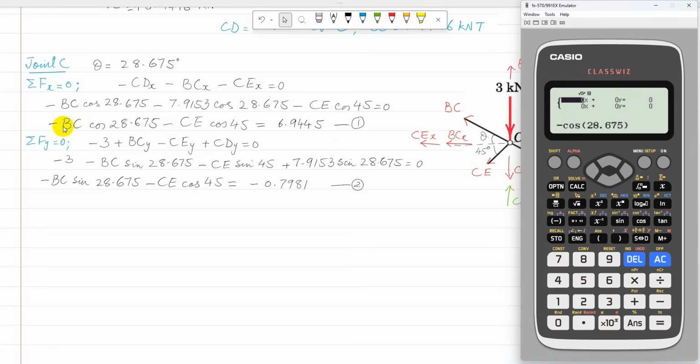The calculator is going to assume BC as X and CE as Y. So the coefficient of BC, which is X, is minus cosine 28.675. Just input minus cosine 28.675 and press equal. The other one is minus cosine 45. Press equal. And then on the other side it is positive 6.9445.